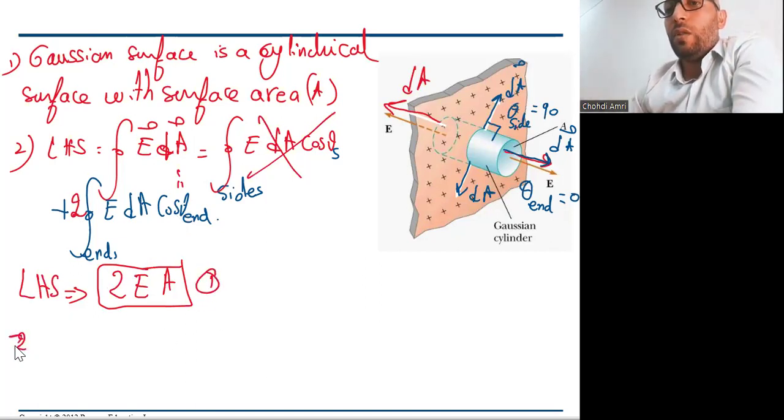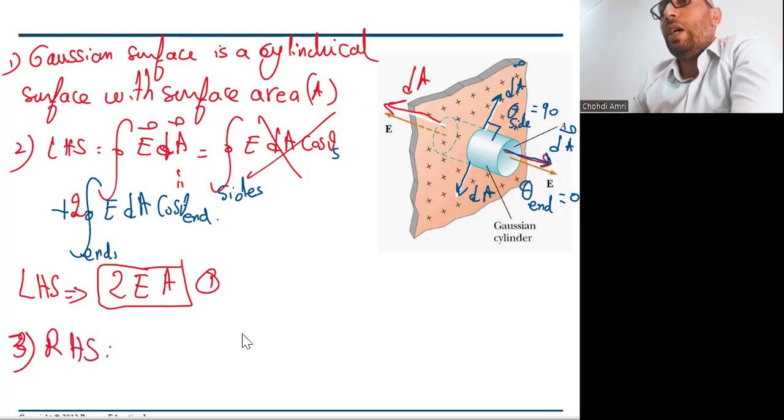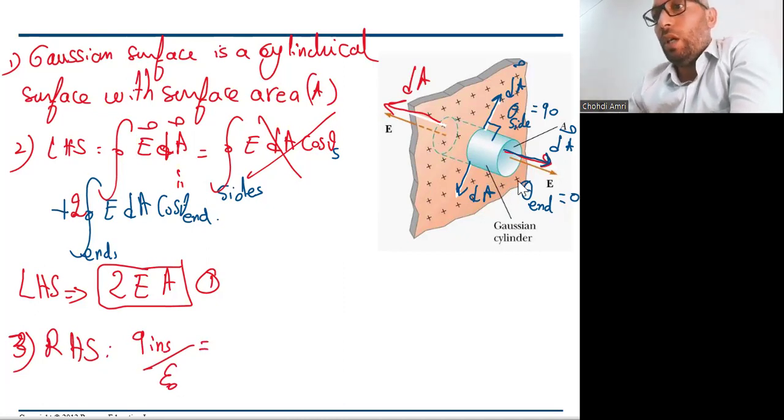Let's move to the third step, the right-hand side: Q inside divided by epsilon naught. What is the charge inside this? It will be inside this sphere here. This is the charge. What will be this charge?